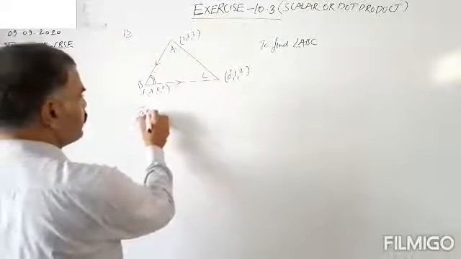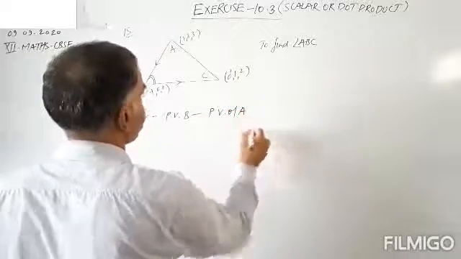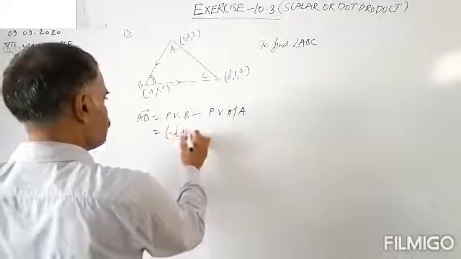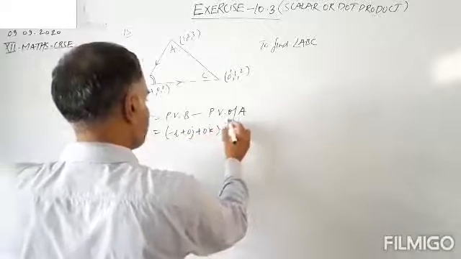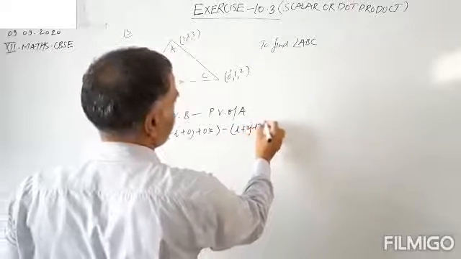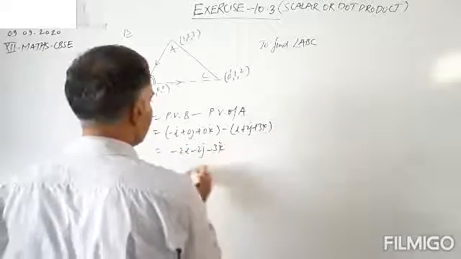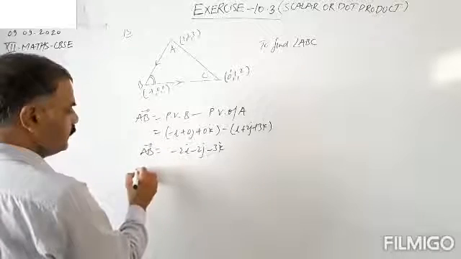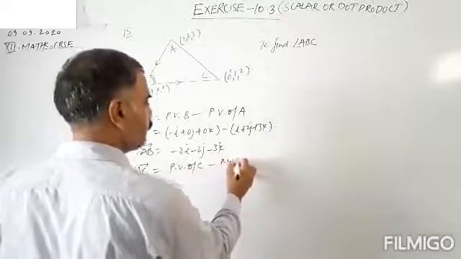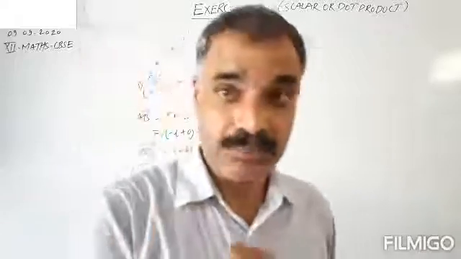So AB vector is equal to position vector of B minus position vector of A. Okay. So AB vector: position vector of B is minus I cap plus 0 j cap plus 0 k cap, minus position vector of A, which is I cap plus 2 j cap plus 3 k cap, is equal to minus 2 I cap minus 2 j cap minus 3 k cap. This is AB vector. Now BC vector is equal to position vector of C minus position vector of B. PV means position vector.